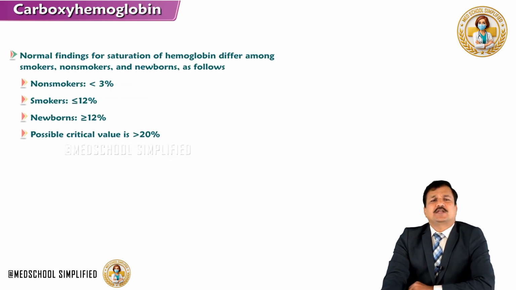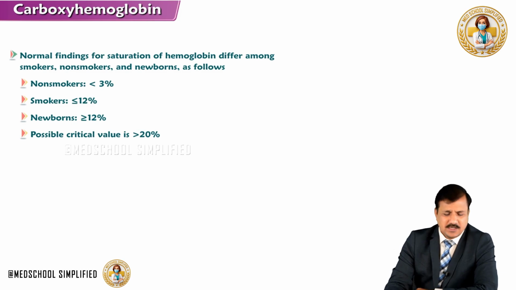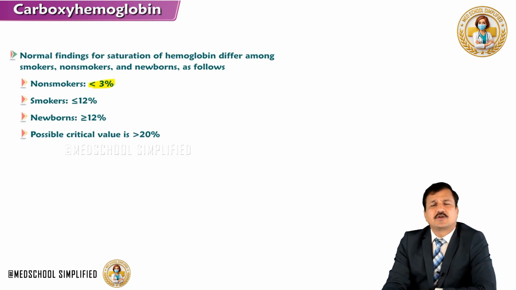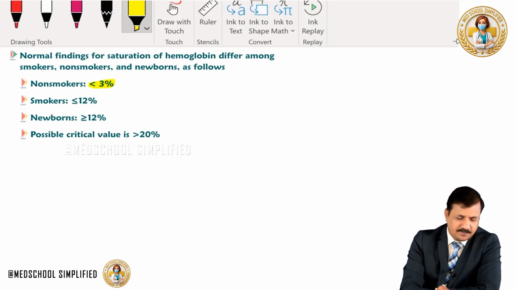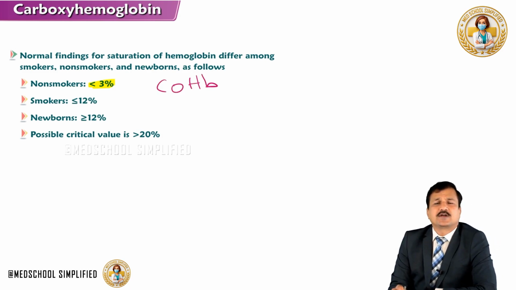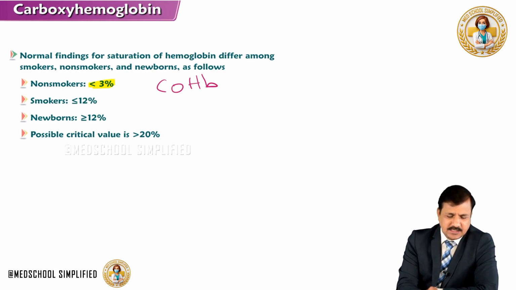Now, normal findings for saturation of hemoglobin differ among smokers, non-smokers, and newborns. This is as follows. In non-smokers, less than 3% of hemoglobin is of the carboxyhemoglobin type, so it is COHb, carboxyhemoglobin. The percentage of carboxyhemoglobin in non-smokers is less than 3%.